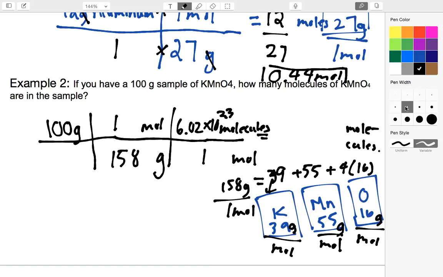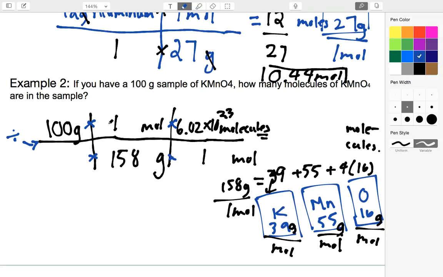Remember, as I'm going straight across, I'm just multiplying. This line means divide. You can write it down on the side, like put an arrow. It's just like fractions, multiplying, multiplying.